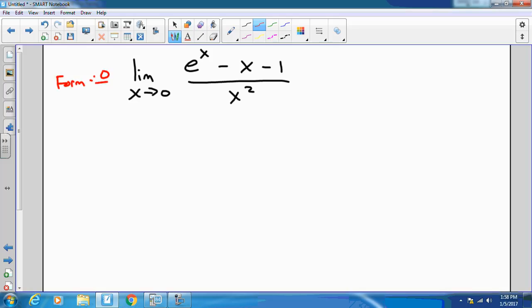And my form is L'Hopital's eligible. It's 0 over 0. So I appeal to L'Hopital's rule, and I take the derivative of the top and the derivative of the bottom, 2x. Huh. But now, as I consider this limit, I consider the form again, and I get 0 over 0.